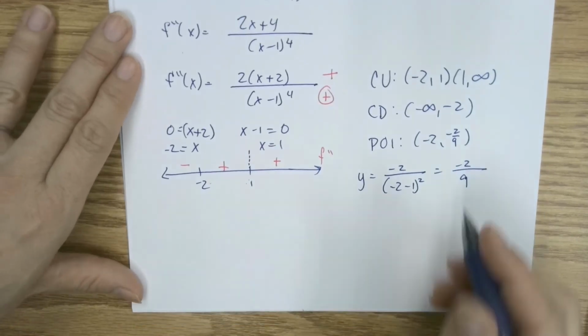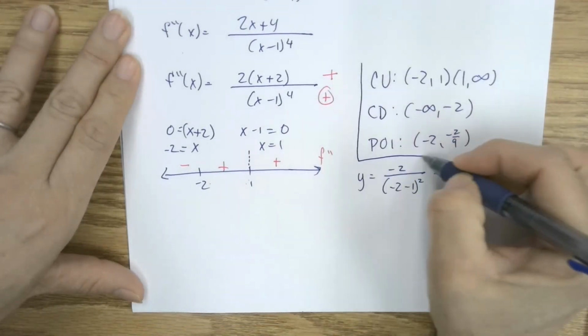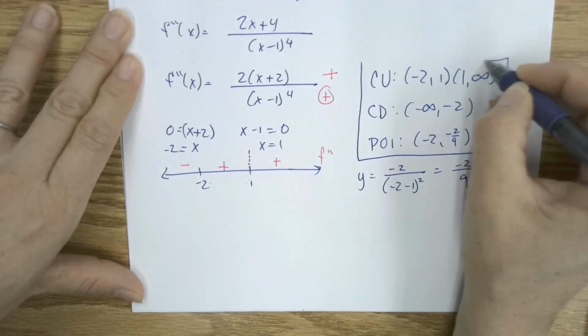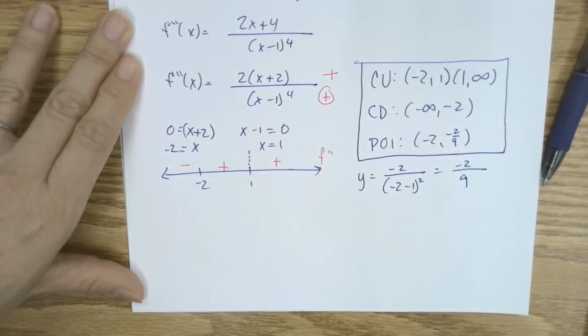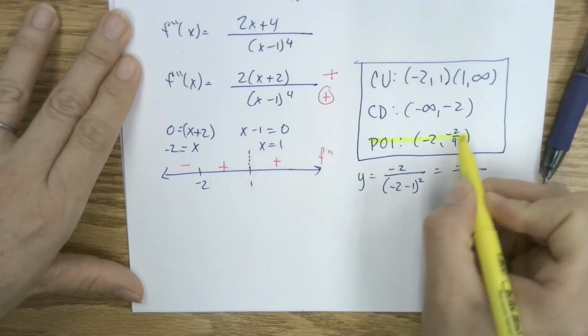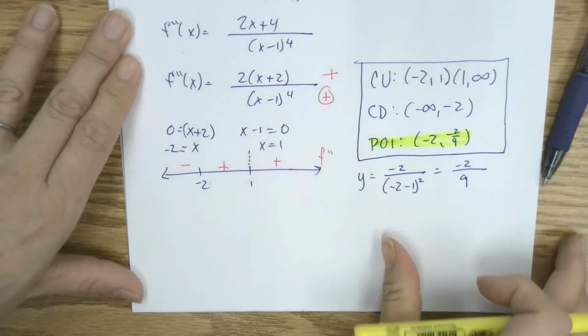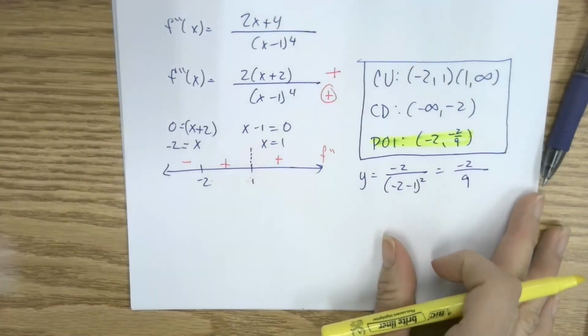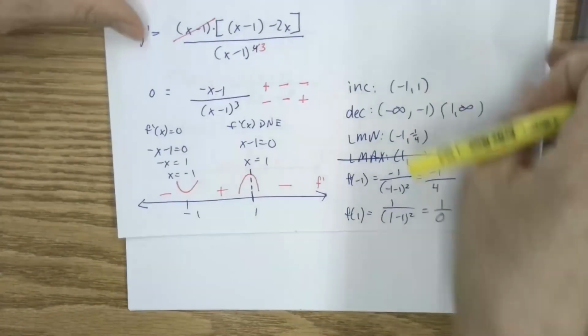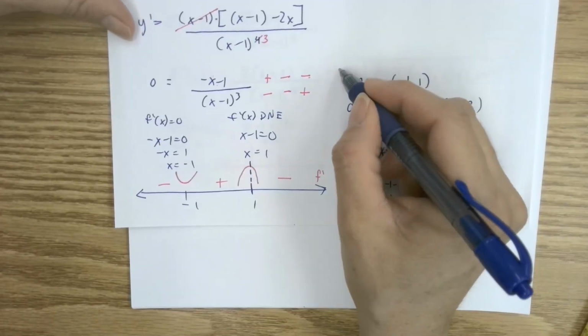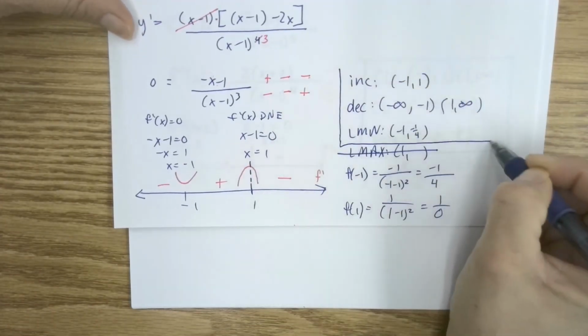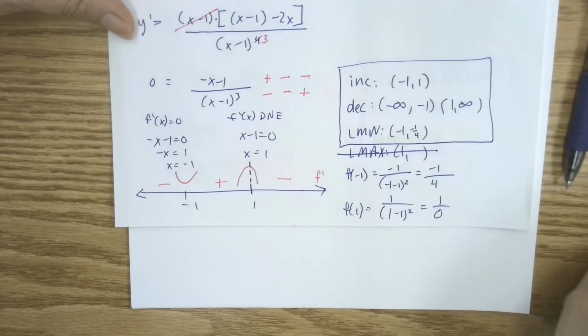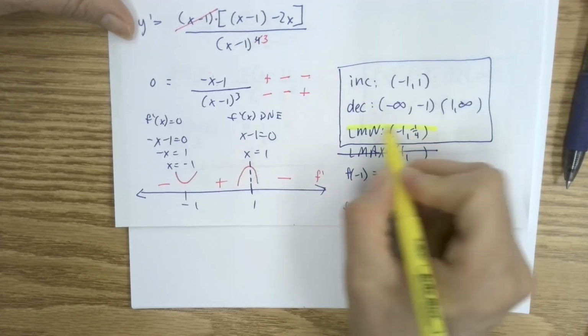So when we're sketching, we know we're going to be sketching these three important features. And I like to point out which ones are actual points. So I know the point of inflection is an actual point. Let's go back to my first derivative information. I know I'm going to be plotting all of this information on there, and the local min is an actual point.